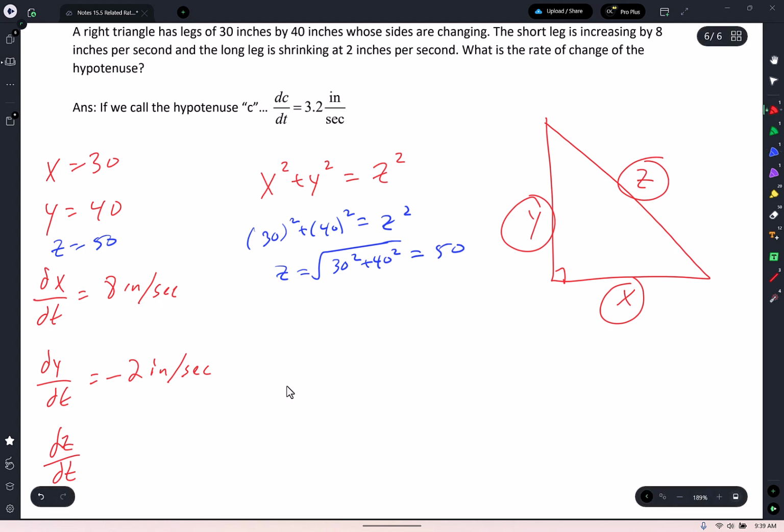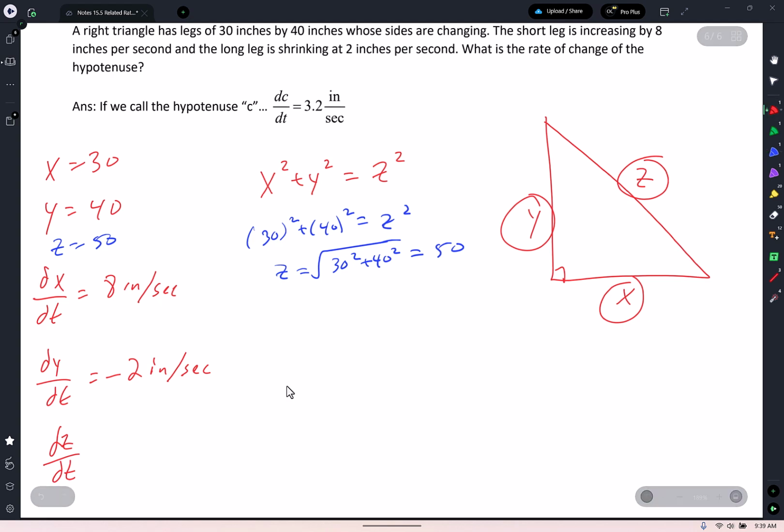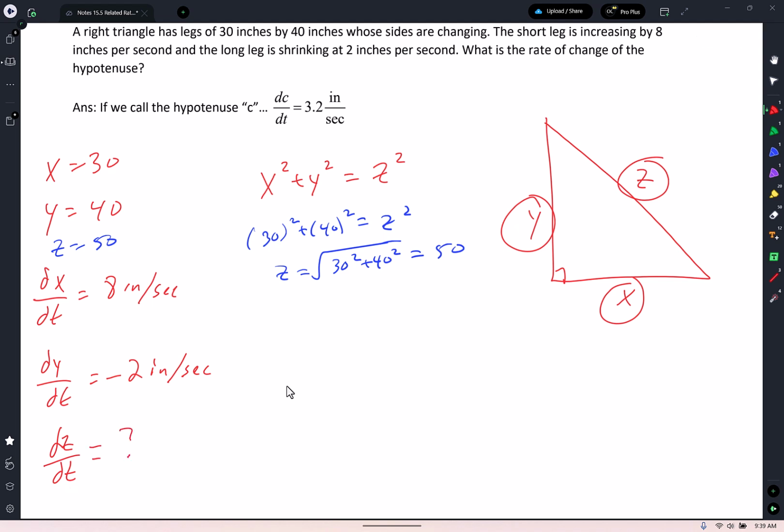All right, so there we go, guys. Let's go ahead and get into it. And we want dz dt. That's what we want. So I'm going to go 2x dx dt plus 2y dy dt equals 2z dz dt. I like to just plug in. Do you guys want to factor out a 2 or just keep it?